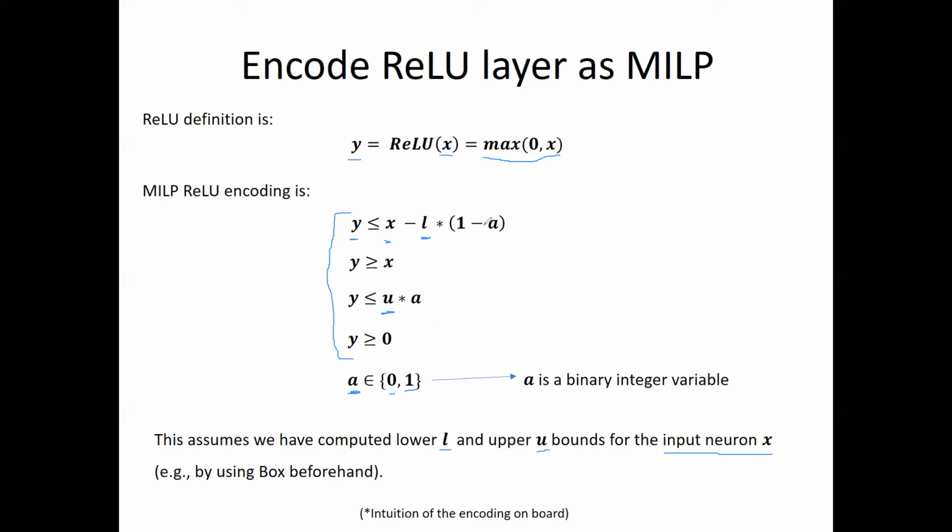If you pick 1 here, you end up with y less than or equal to x, and this is one LP instance. If you pick A equal to 0, you end up with y less than or equal to x minus l, y greater than or equal to x, and the other two constraints. This is the other LP instance. This is what we are going to examine right now to get intuition behind this encoding and to see why it is a sound and correct thing to do.